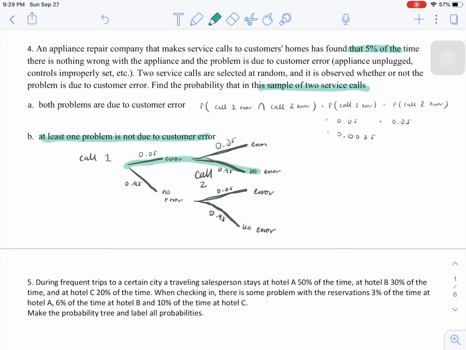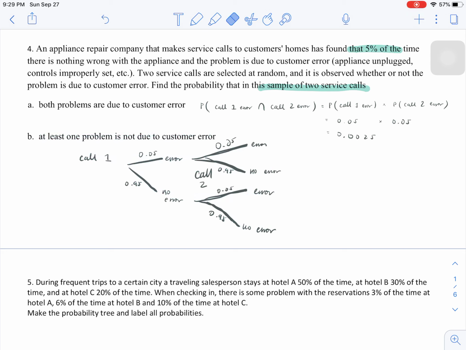This branch here is the probability that the first call was due to error and the second call was due to no error. This branch of the tree is if the first call is due to no error, second call is, and so on. So basically I've drawn out all the possible outcomes for the 2 calls.